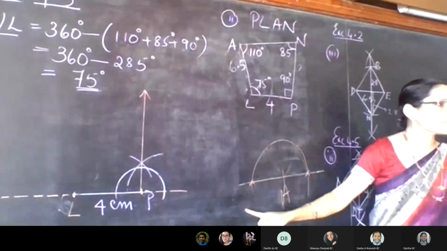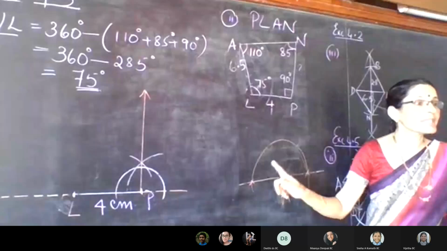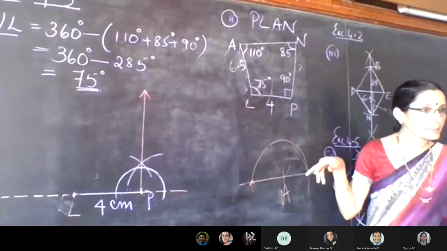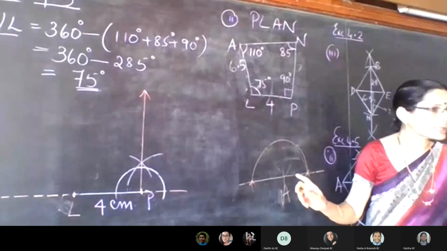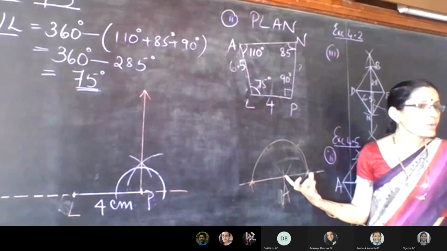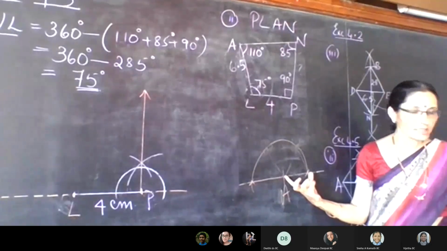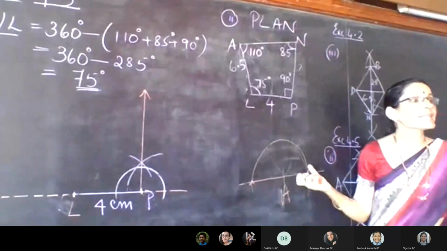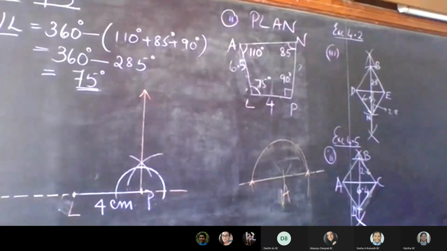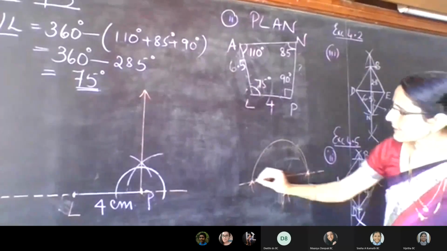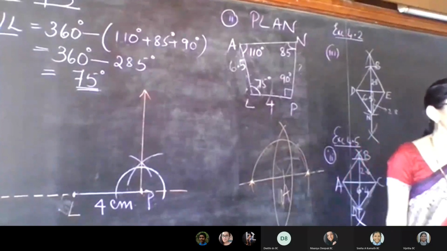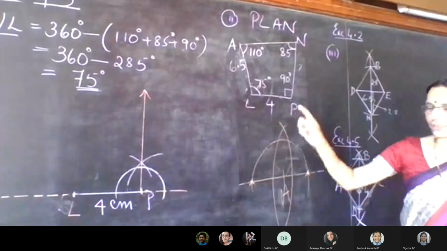I have drawn a circle with more than half of the diameter as radius. As the circle is drawn, increase the compass radius, and you can draw the bisector also if you wish. This one to be bisected means you can draw like this also. Is it difficult? Like this also you can draw, your wish.